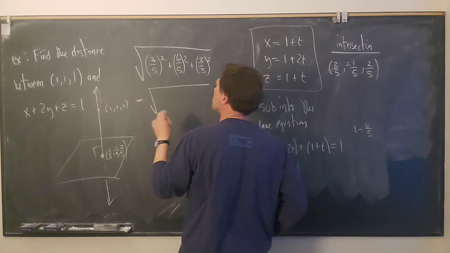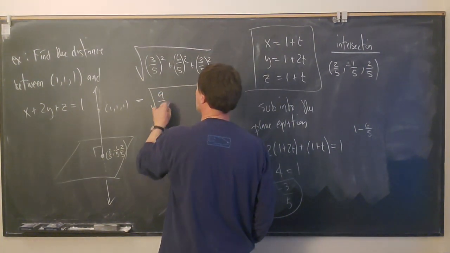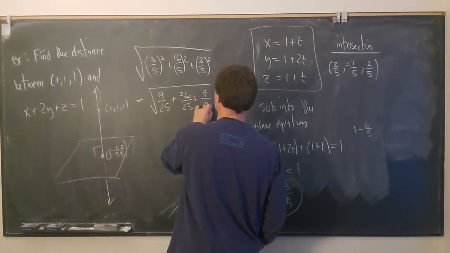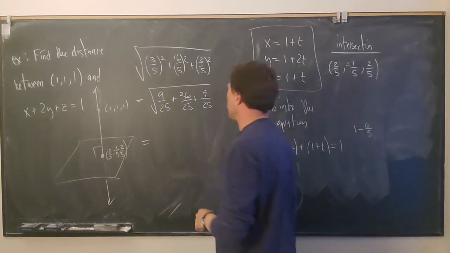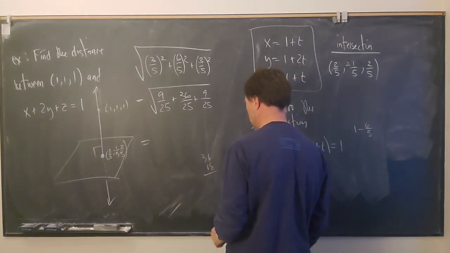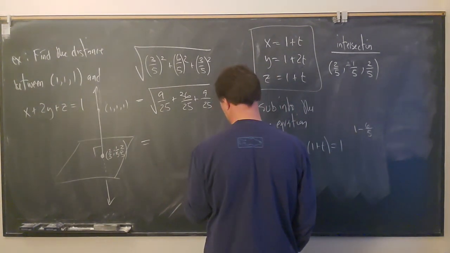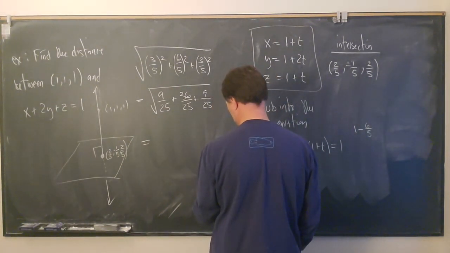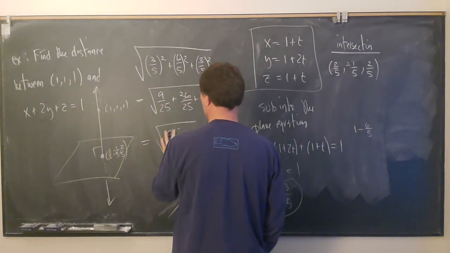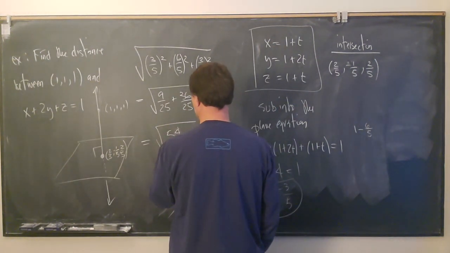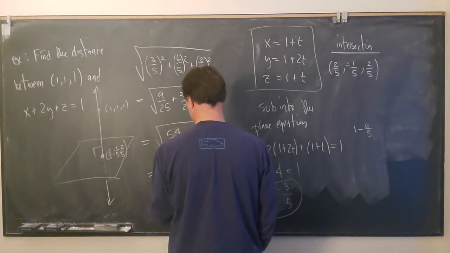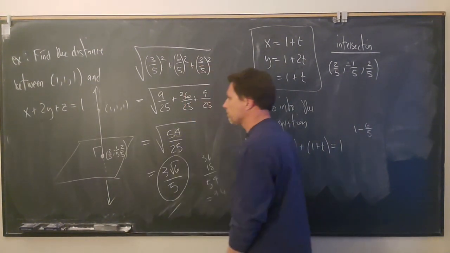I don't really want to write all this out. 9 25ths plus 36 25ths plus 9 25ths. 36 plus 18 is 54, which is 9 times 6. Okay, so this is going to be square root of 54 over 25. That's going to be 3 root 6 over 5 in simplified form.